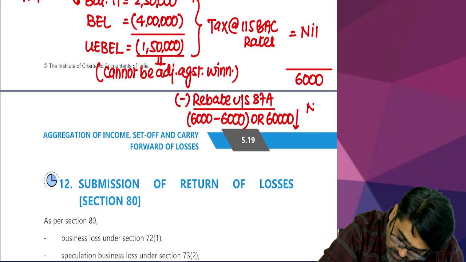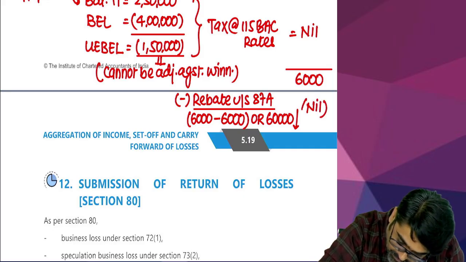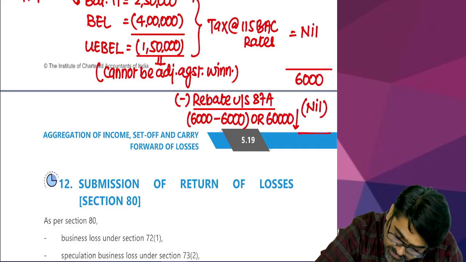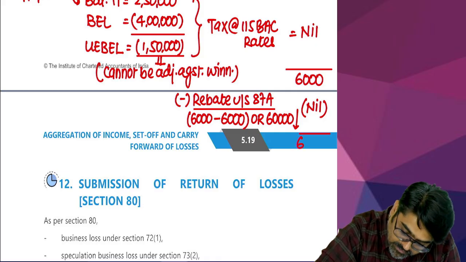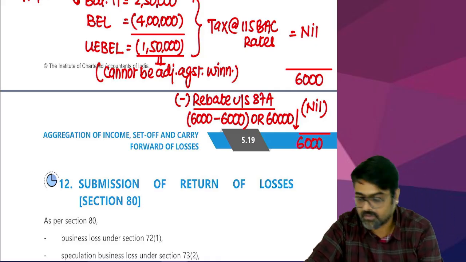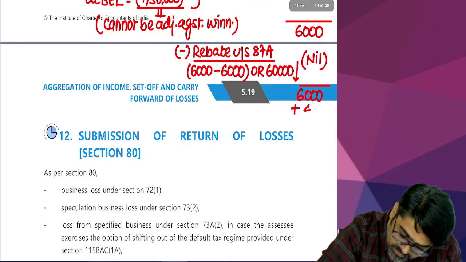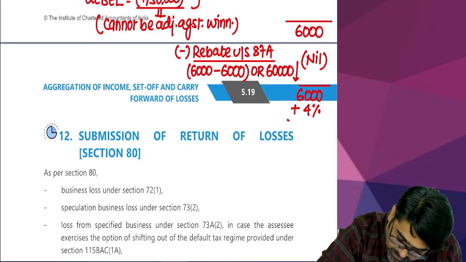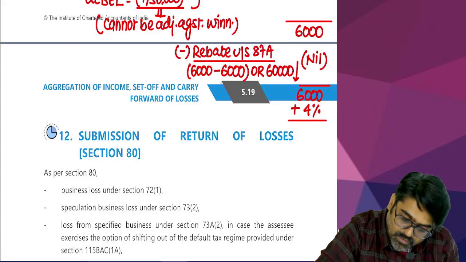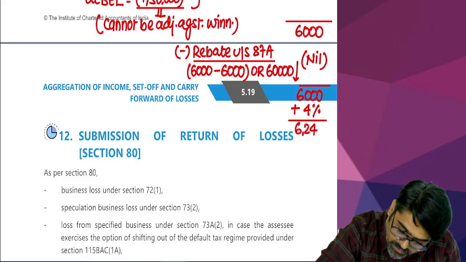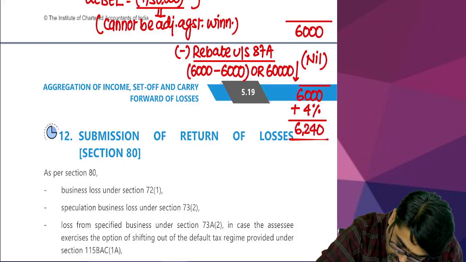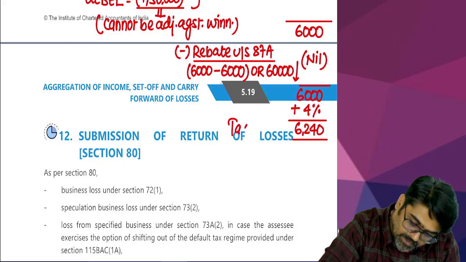So no rebate you are going to get. Getting my point? If rebate is not available, then how much is the tax? So that is tax after rebate. On that you are supposed to apply 4% cess, 240. Yes or no? So 6,240 will be your tax liability.